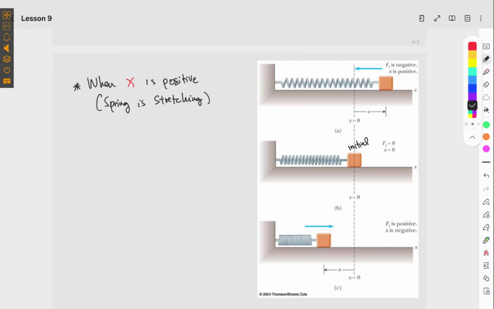You stretch. Therefore, the force is negative. Remember, the force is equal to negative k times x. If x is positive, you multiply and the result is a negative value. So therefore, the force of the spring is negative.